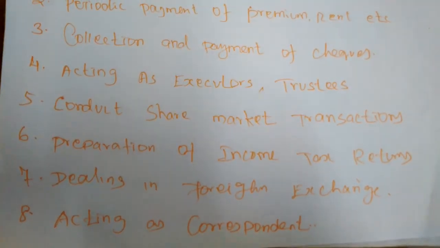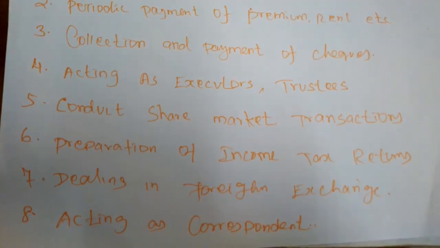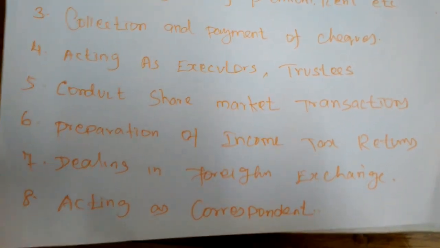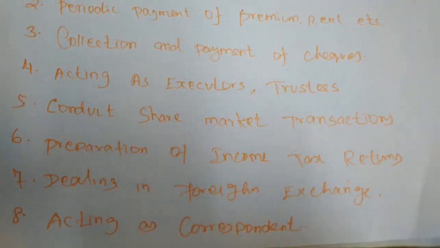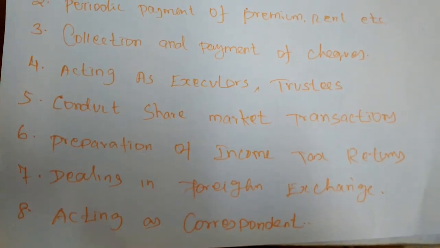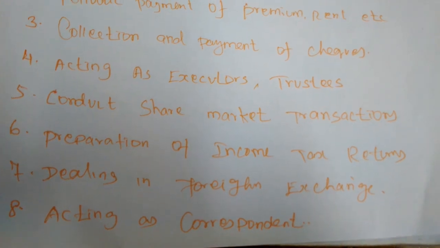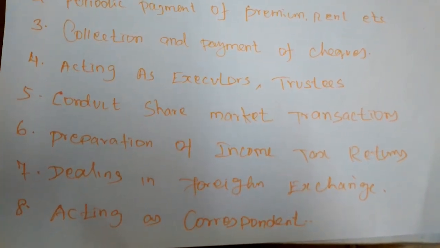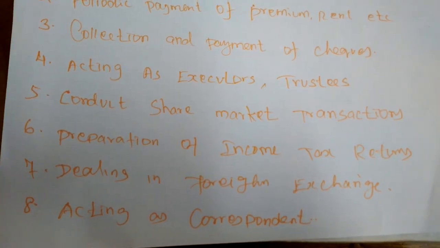Then the customer can ask the bank to conduct online purchase or sale of securities on behalf of him. Normally a single person can involve in the share market functions, but if the customers are unable to do so, the bank itself will undertake these services.